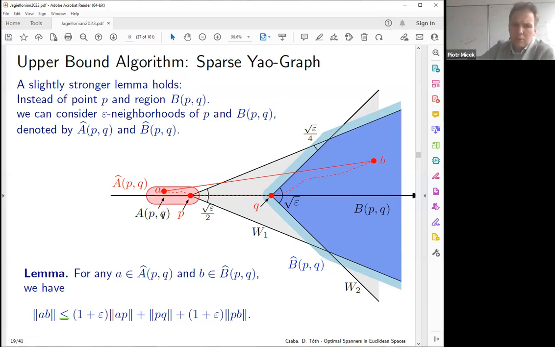And I should say, but it doesn't say right here, that the concatenation of these three paths, so A to P, P to Q, Q to B, together is less than 1 plus epsilon times AB. And there's even room for error. Yeah, so ignore this inequality, it points the opposite direction.